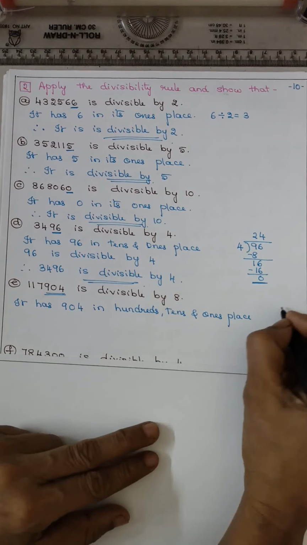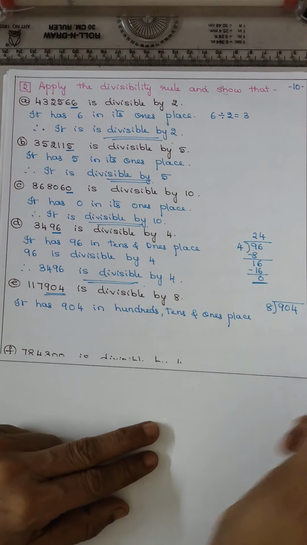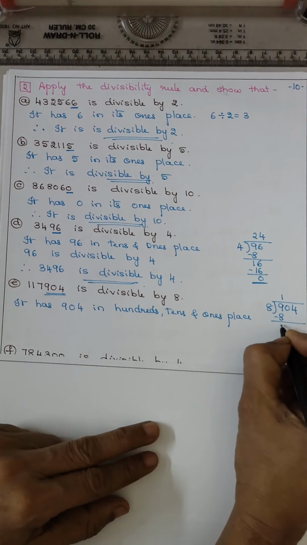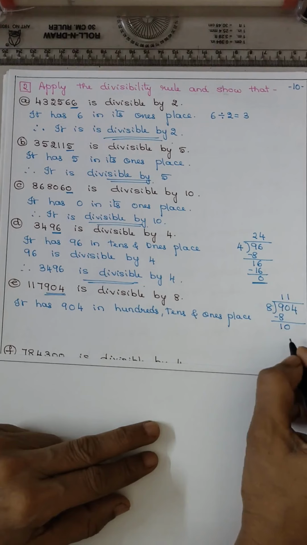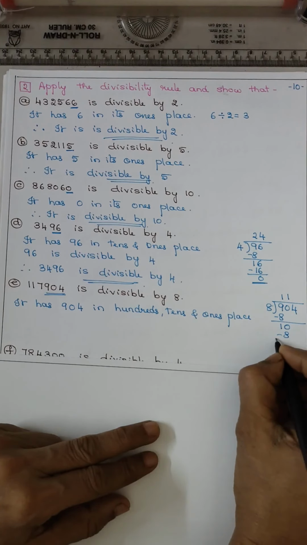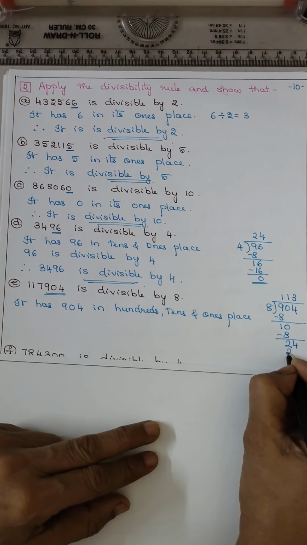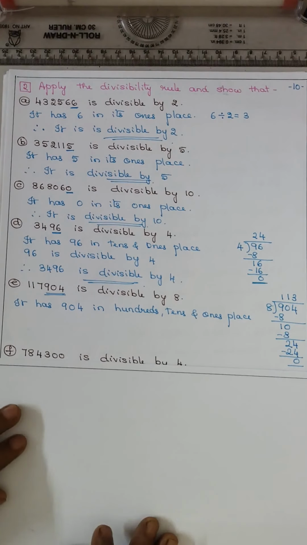Now check 904 divided by 8. 8 ones are 8. 1 remains, bring 0 down. 8 ones are 8. 2 remains, bring 4 down. 8 threes are 24. 0 is the remainder.